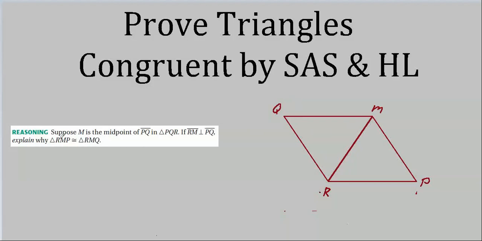Explain why these two were congruent. If RM is perpendicular to PQ. Well, I didn't draw that too well, did I? I'll pretend that's the right angle, maybe. See what happens.